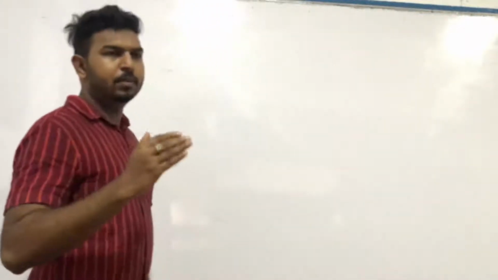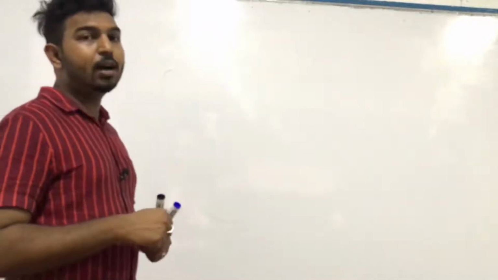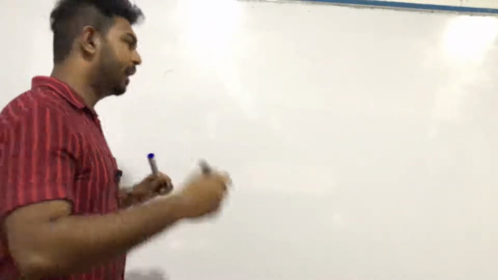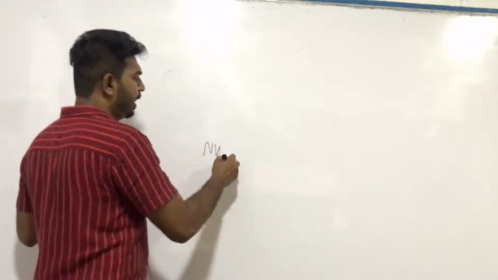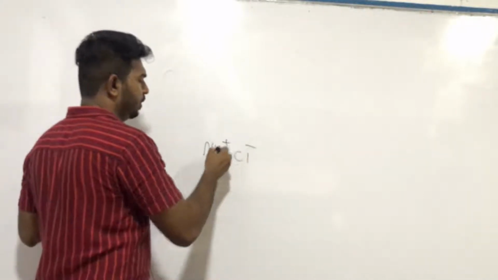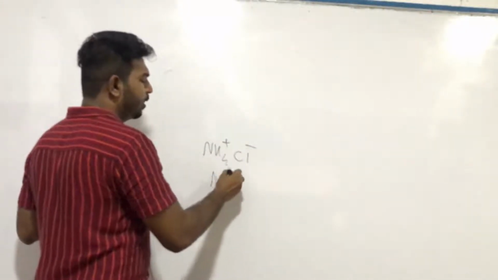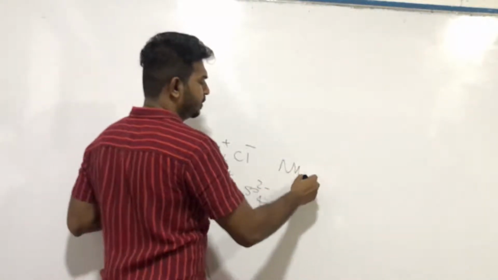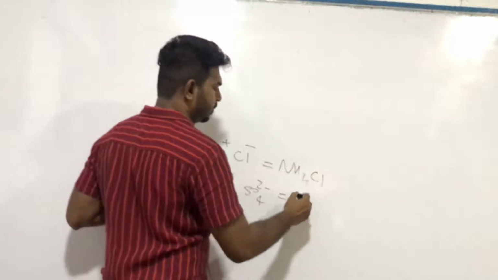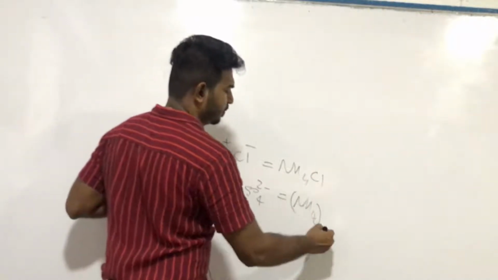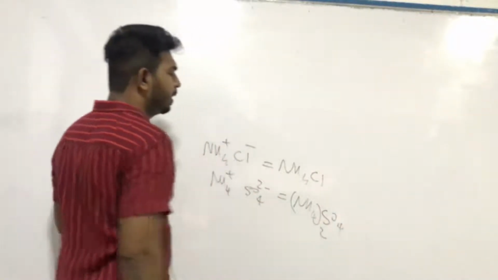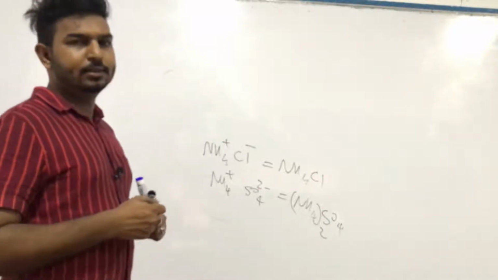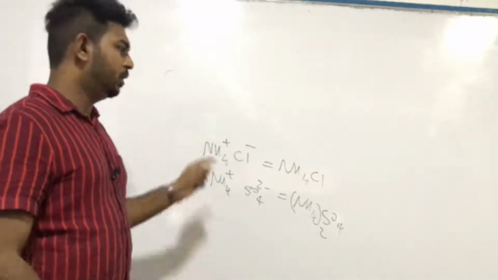And there are some ionic compounds without metals, like ammonium chloride and ammonium sulfate. If we consider these salts, they don't contain any metals, only non-metals.